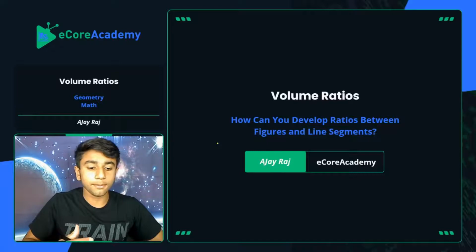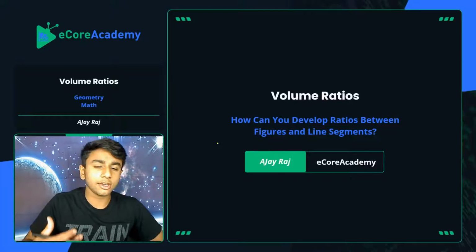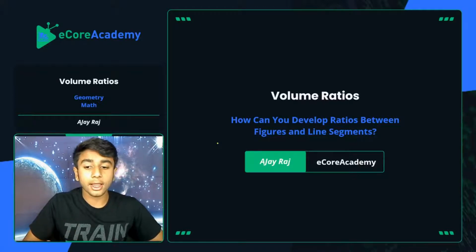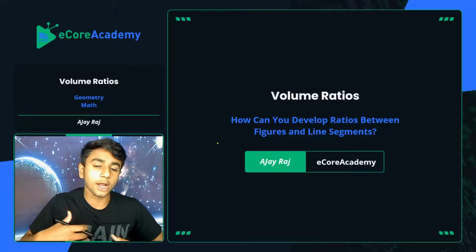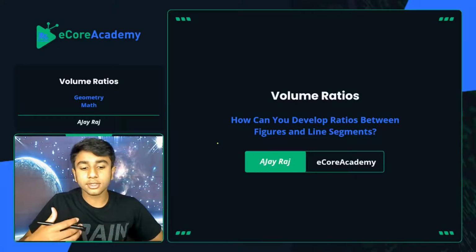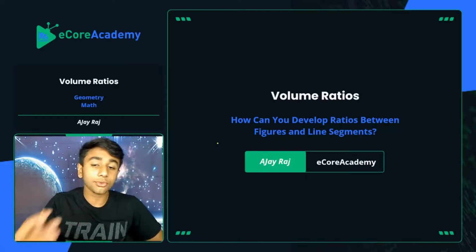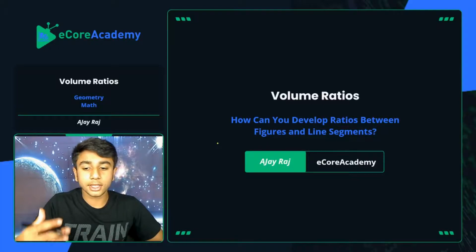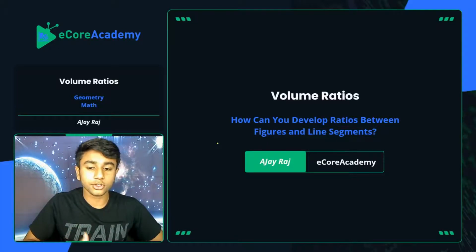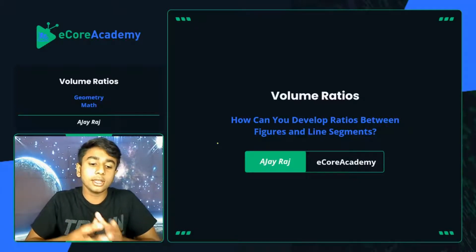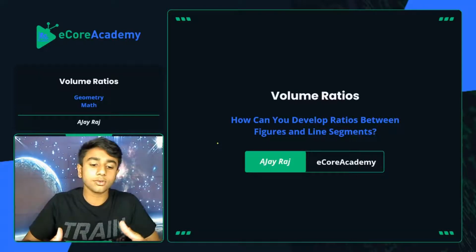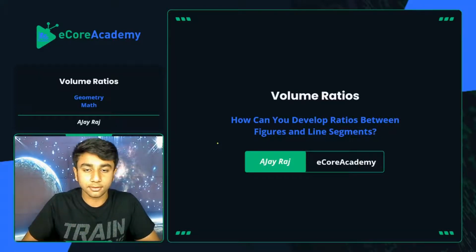Then we built up into other enrichment topics in the one-dimensional and two-dimensional phases of this course, in which we looked at different relationships between figures and higher, more complex ratios. So now today we're going to be looking at ratios for three-dimensional figures, and we're going to be utilizing it for our volume. We're going to show you the transition from 1D to 2D to 3D and how those ratios actually change all throughout this lesson shown here.